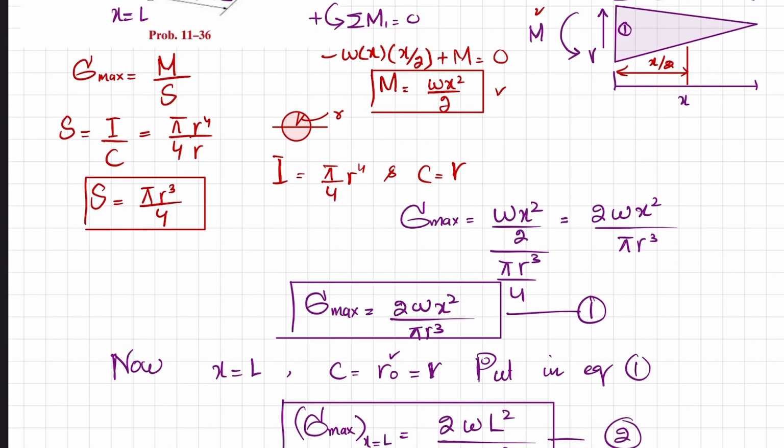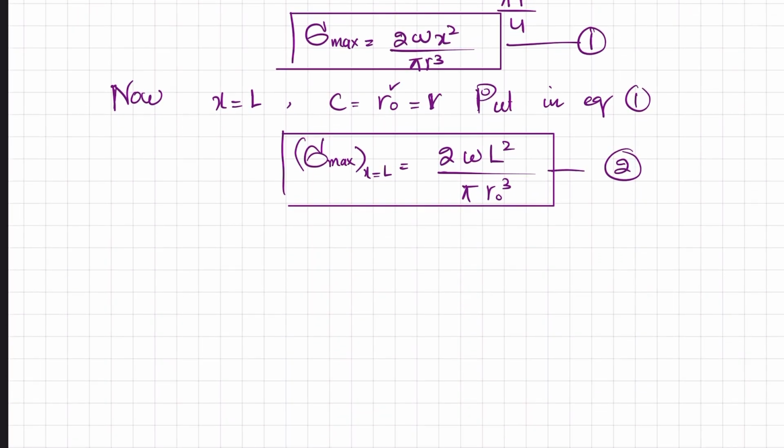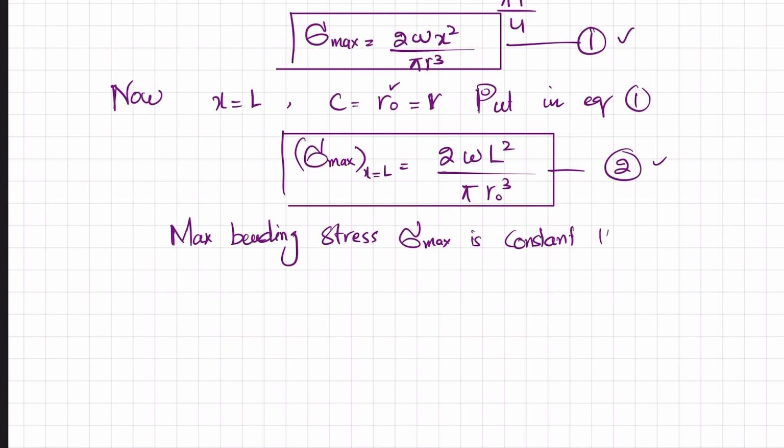Now in the given condition it is given that the maximum bending stress is constant throughout its length. So if you take the maximum stress at 1 or 2, the maximum bending stress is constant throughout the length.